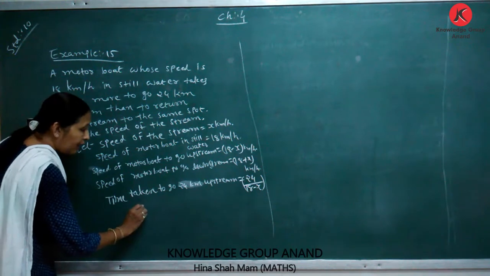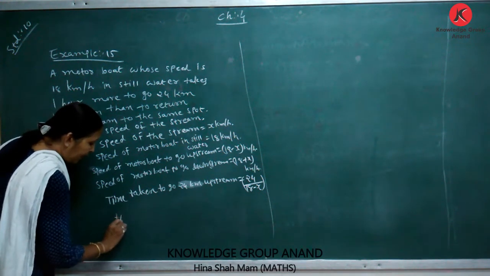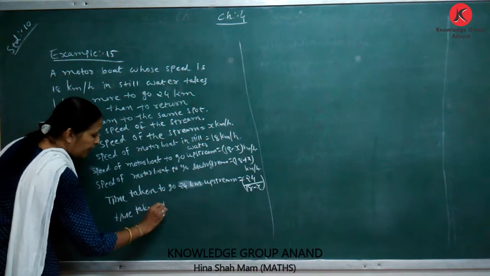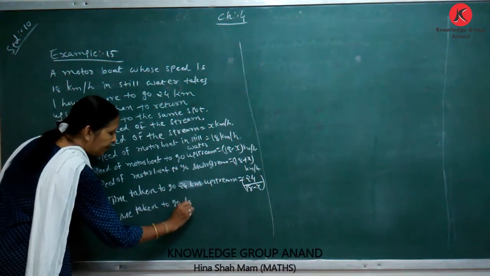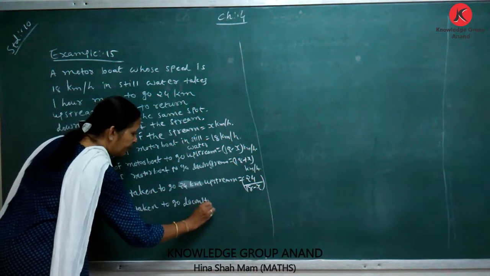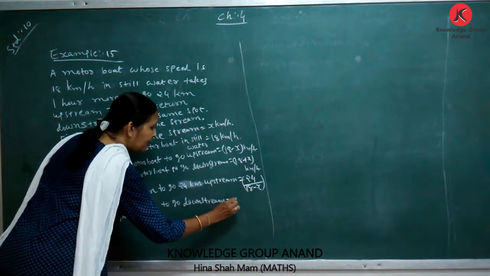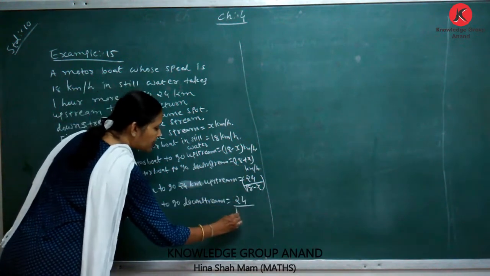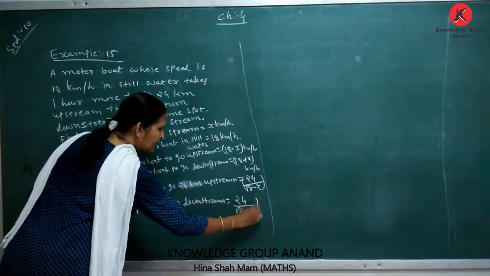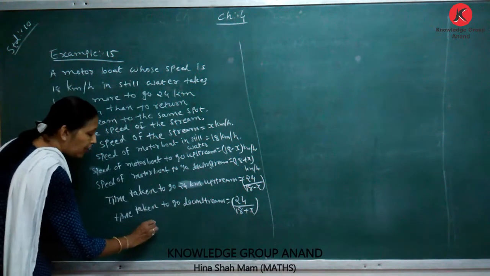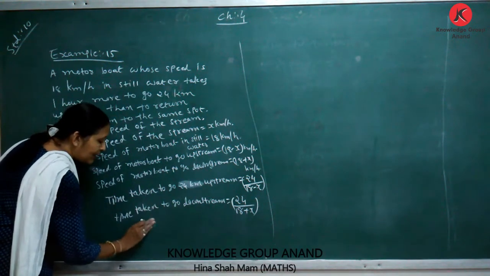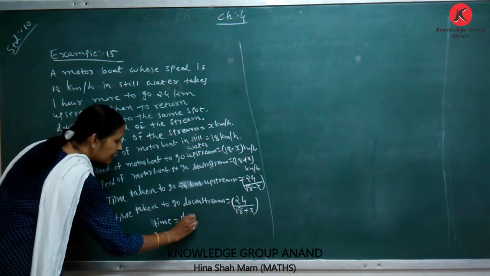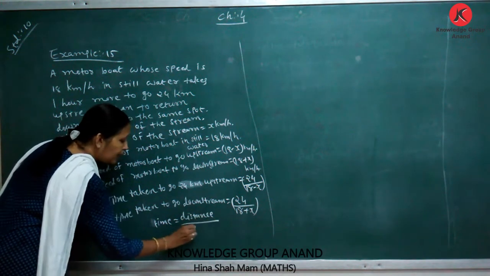And here the time taken to go downstream is equal to 24 upon its speed, downstream speed 18 plus x, because time is equal to distance upon speed.